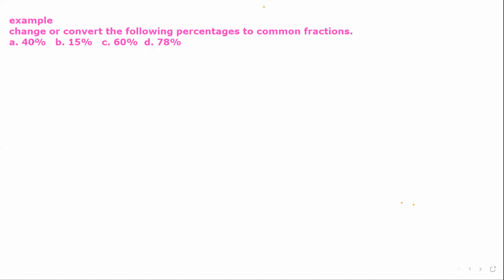Then 15%, 15 over 100, and you start doing your cancellation. Good. Now let me write the solution.